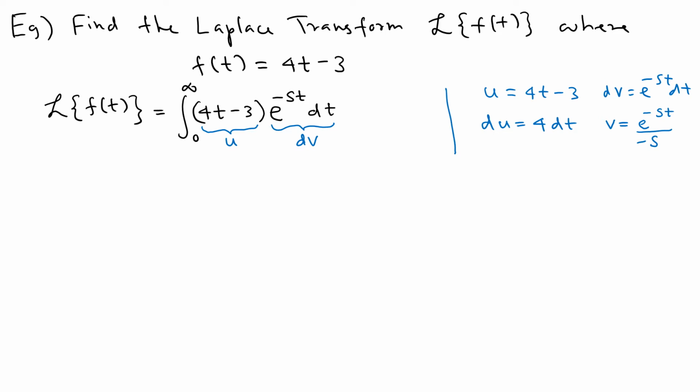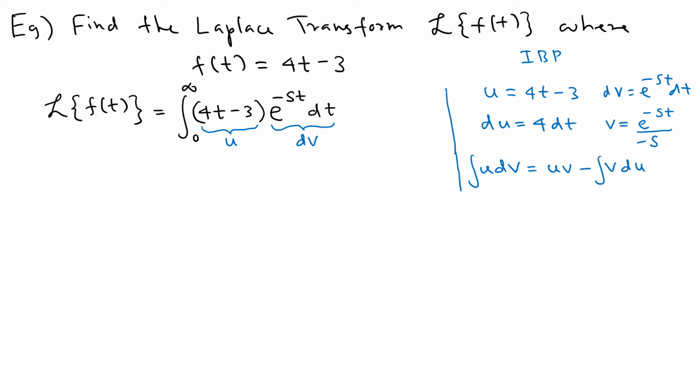Now we're going to use the integration by parts formula. The formula says the integral of u dv equals uv minus the integral of v du.